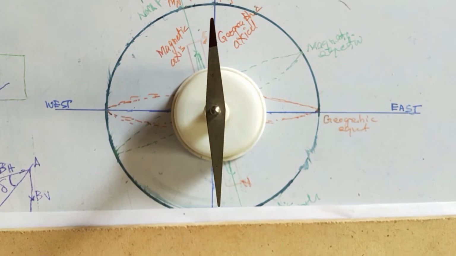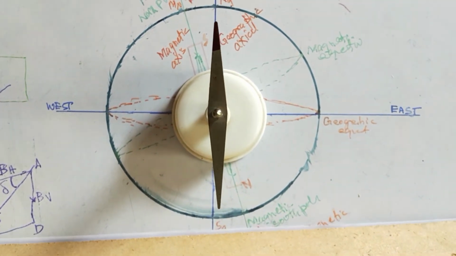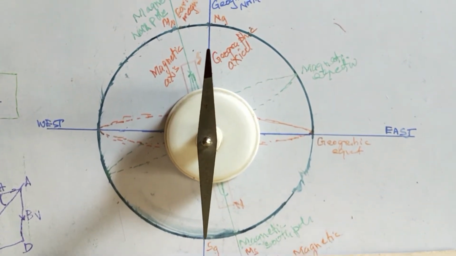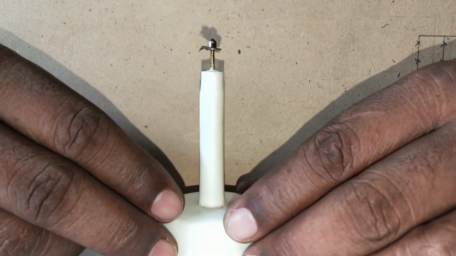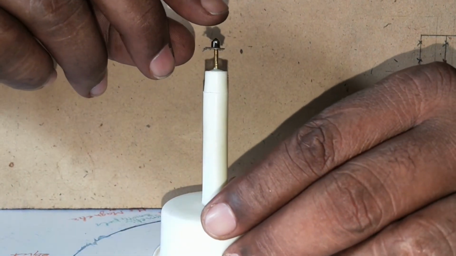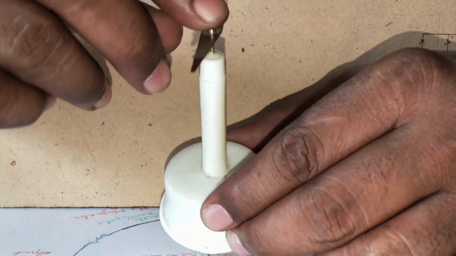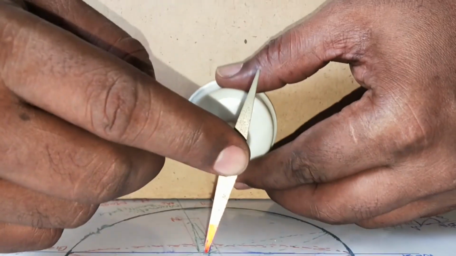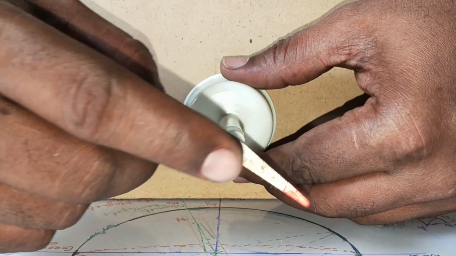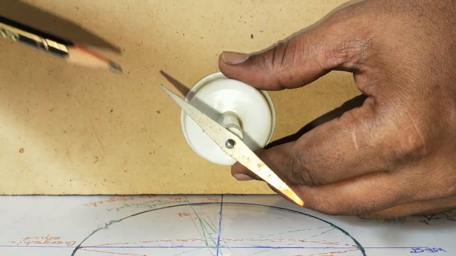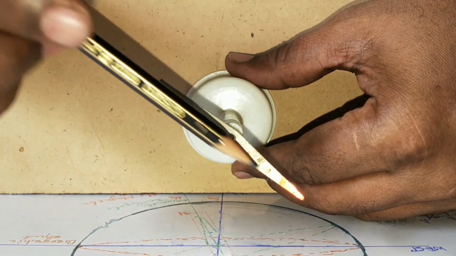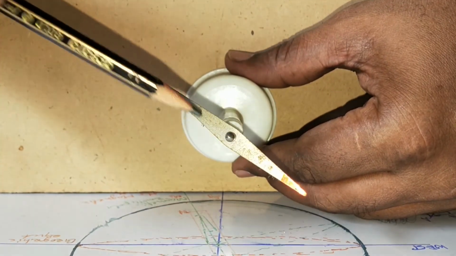Now, without any change in the position of this magnetic compass, if I tilt it into a vertical plane, the magnetic compass tilts to a direction. The magnetic compass always represents the direction of the magnetic field line.